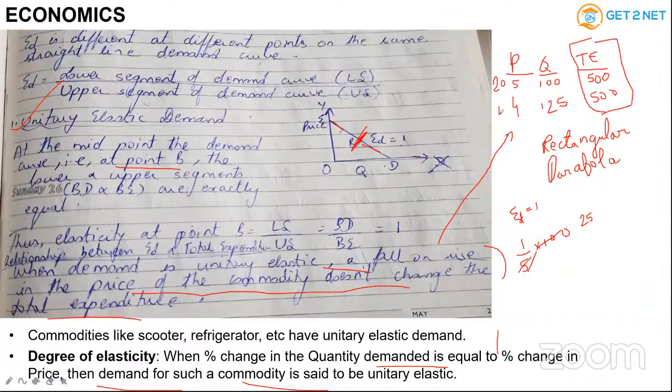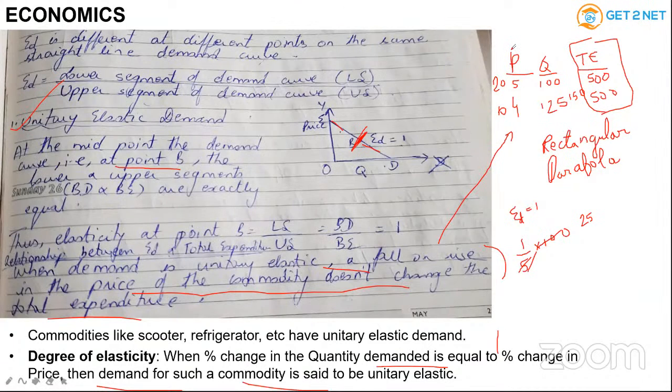20 and 10. And this side it is 100 and 150. Just see whether percentage change in quantity demanded is equal to percentage change in price or not. 10 by 20 into 100, 50%, no. So it depends.